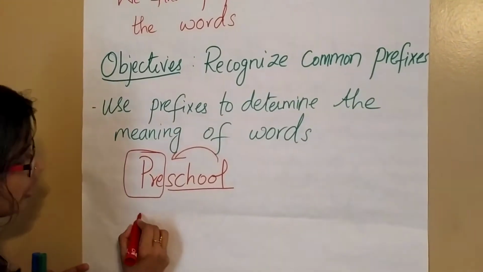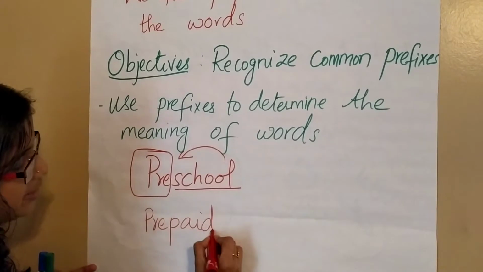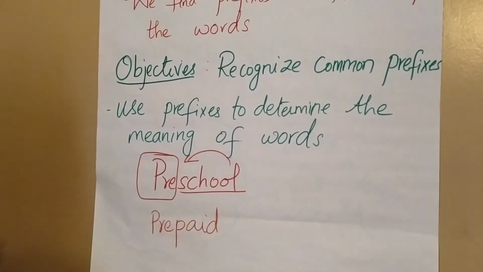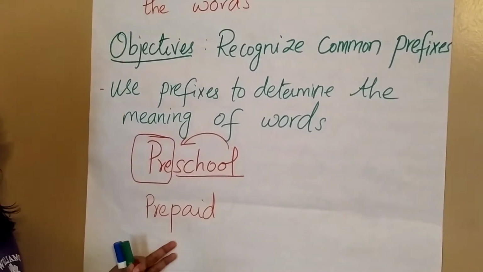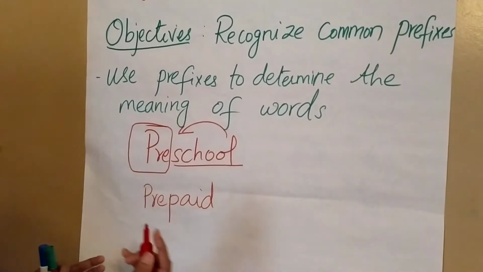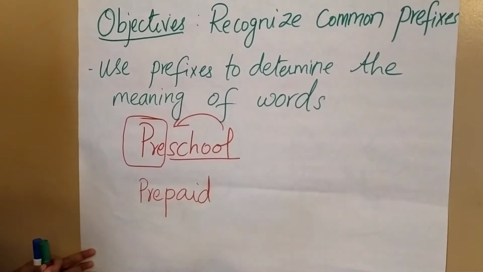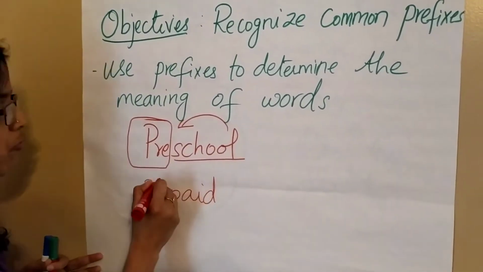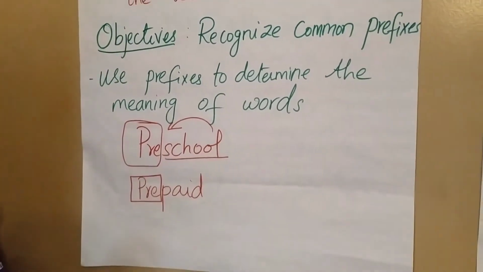Now let's look at the next word, which is very common: prepaid. This is a word you are very familiar with. When you pay the amount before you even use your mobile SIM card or whatever it is, it's called prepaid.